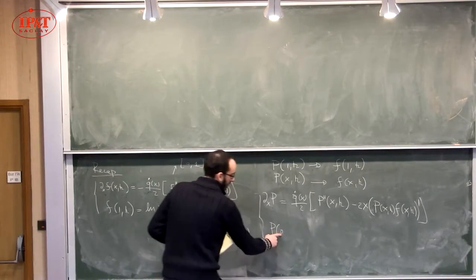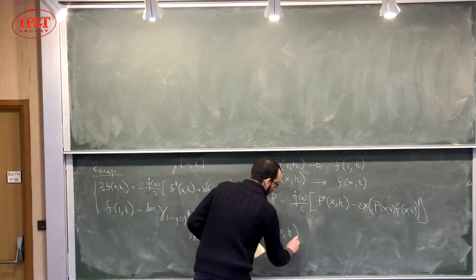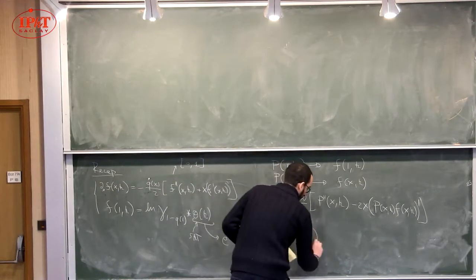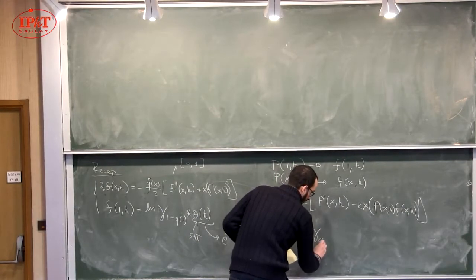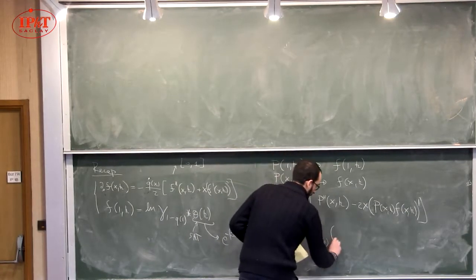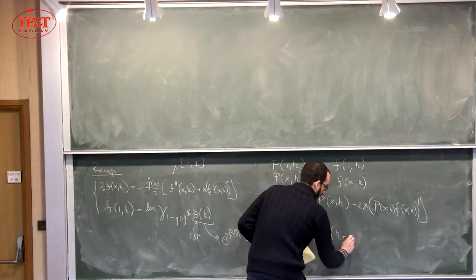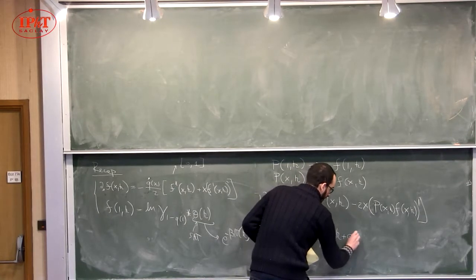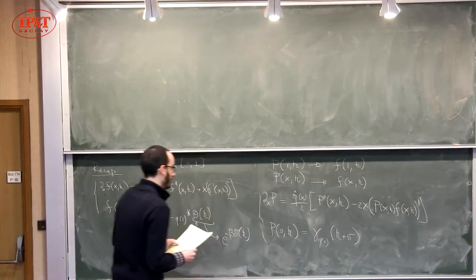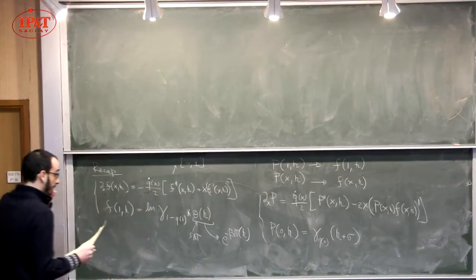Now at x equal to 0, this is just a Gaussian computed at h plus sigma. Okay?